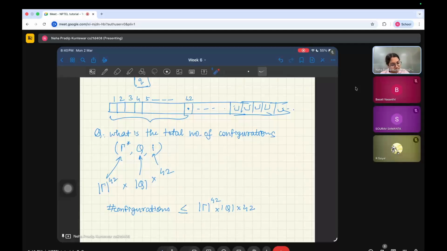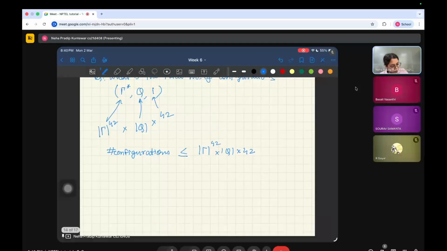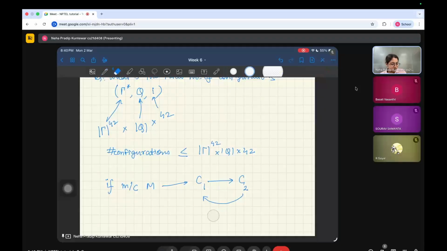Is it clear that if machine M reaches a configuration C1, then it reaches a configuration C2, and it reaches configuration C1 again, what can you say about this machine?